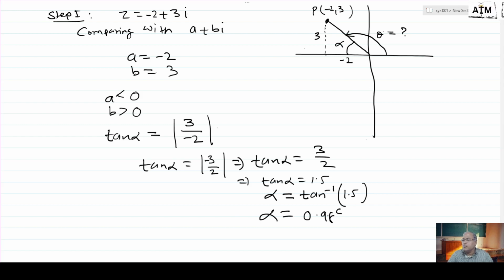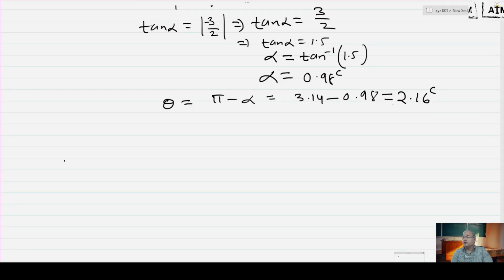To show radians, we write C over there. C stands for circular degrees. So alpha equals 0.98 radians. Now theta equals pi minus alpha. That is, theta equals 2.16 radians.